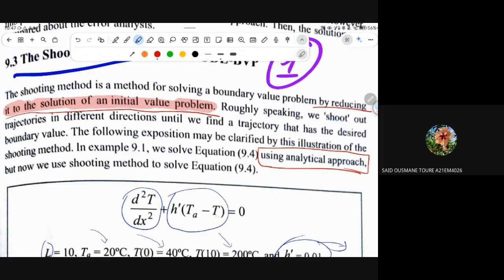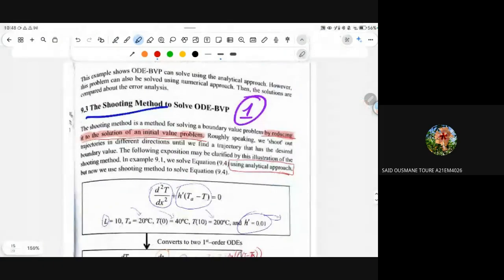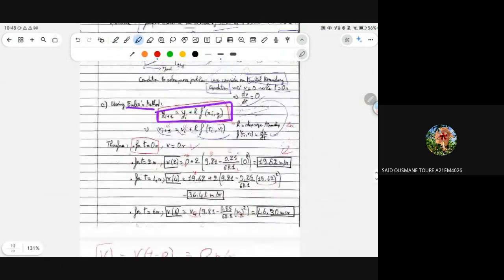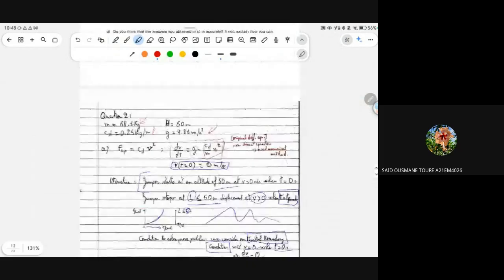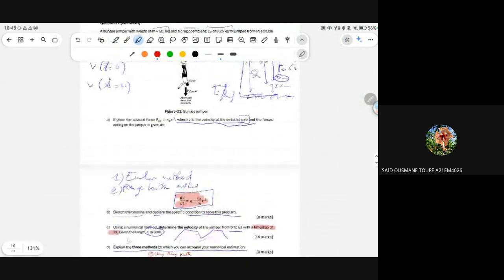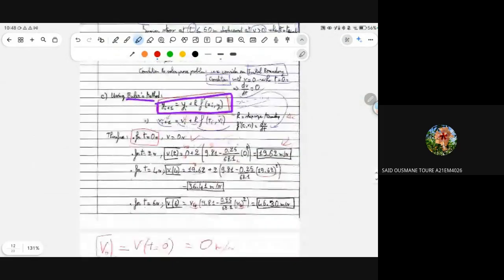It is the fact that you reduce the second order differential equation to a first order one and use the initial value problem, which has been detailed here so much. Yes, it has already been detailed here.